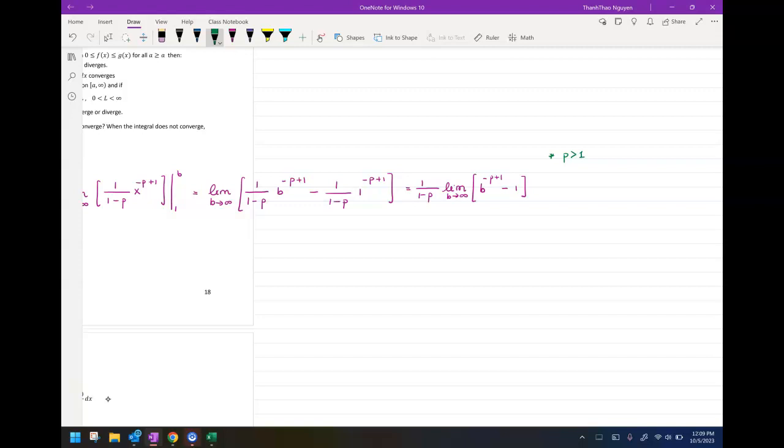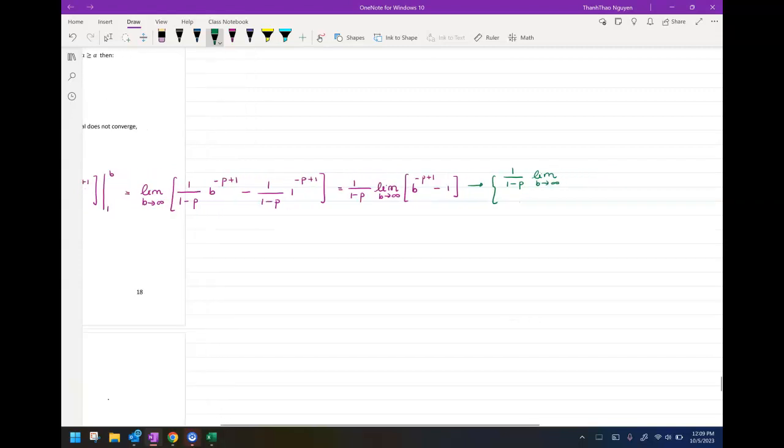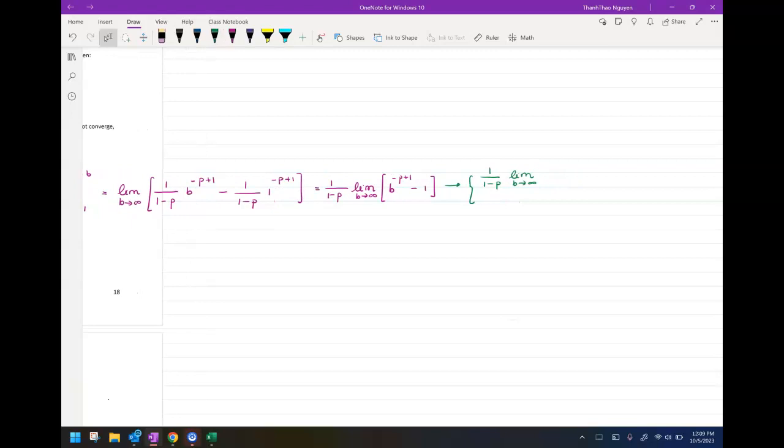Yeah, when p is greater than 1, then this becomes 1 over 1 minus p times the limit as b approaches infinity of b to the negative p plus 1 minus 1.